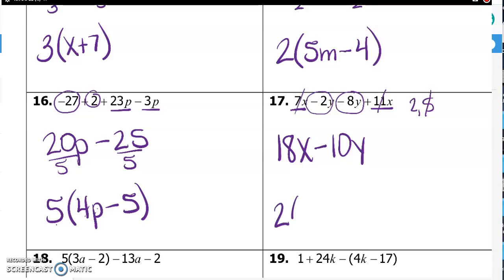So you're going to have a 2 on the outside. So again, instead of dividing, which I'll show here in a minute, you can say 2 times what gives me 18x? Well, I know 2 times 9 is 18, and then I need to bring the x along. Minus 2 times 5 would give me 10, and then I bring the y along. So if you don't want to show the division, that's what you do, is ask yourself what times 2, in this case, gives me the numbers I need. If you don't want to do that, then show that you're dividing by 2.